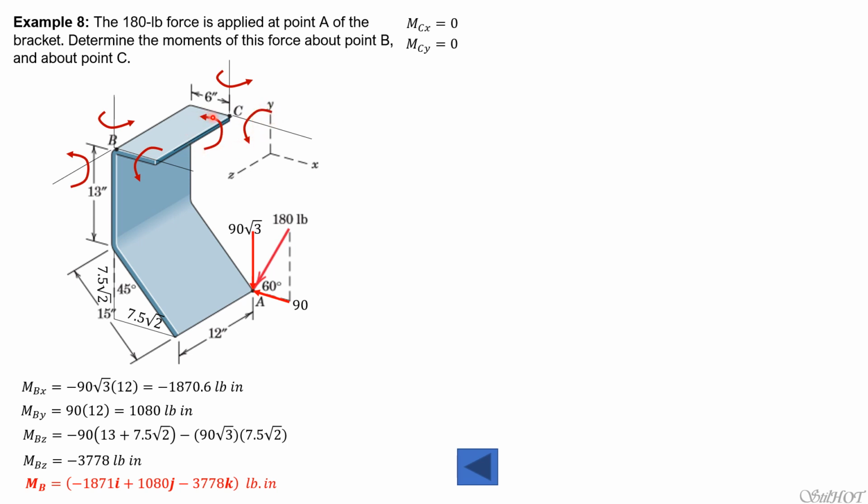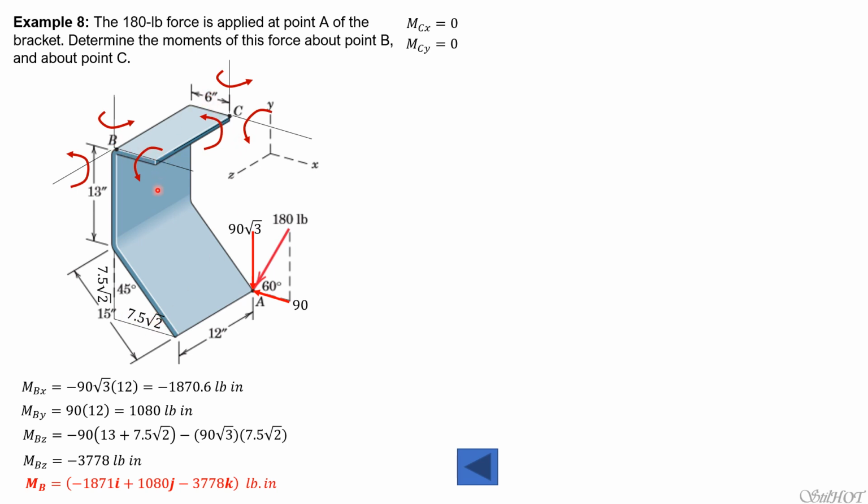So what is important is the moment arm. For the 90-pound force, the moment arm would be this total vertical distance because this is horizontal and this is also a horizontal axis. So the vertical distance between them is 13 plus 7.5 square root of 2 and the moment produced is negative. For 90 square root of 3, it's also negative and the distance is the difference between 7.5 square root of 2 and 6 inches.